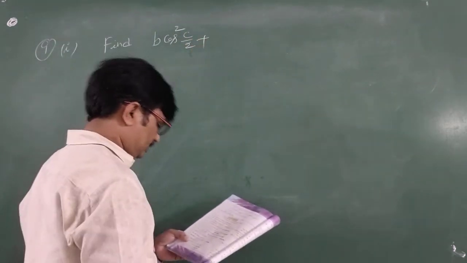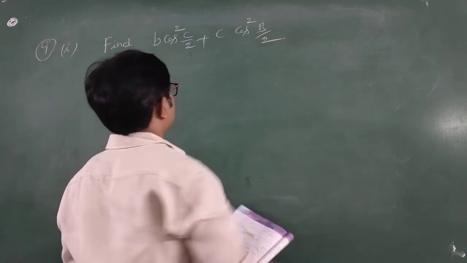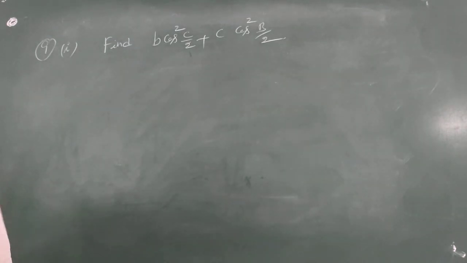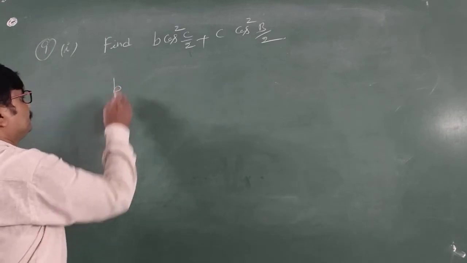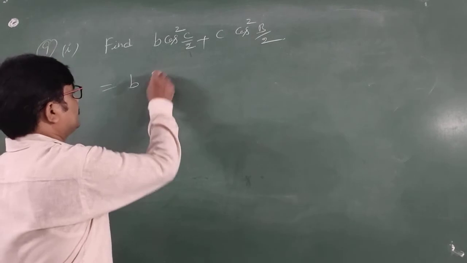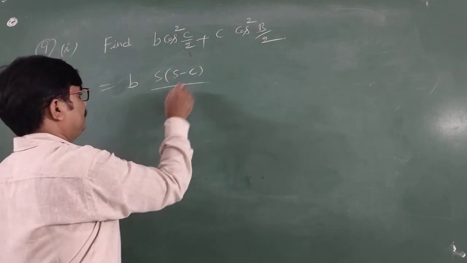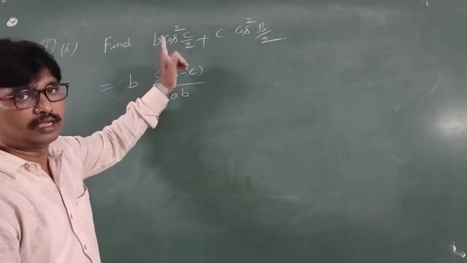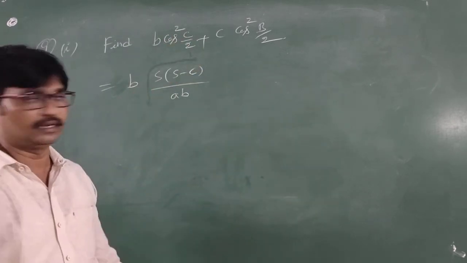b cos square C by 2 plus c cos square B by 2. So students, b into cos square C by 2, we can write as s into (s minus c) by ab, from the half angle formulas, where square and under root cancel.